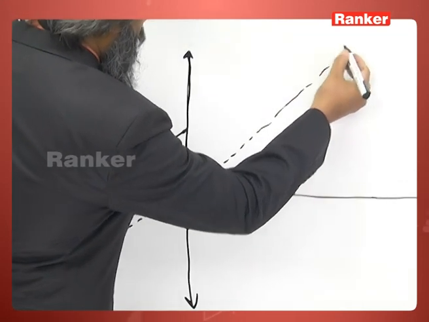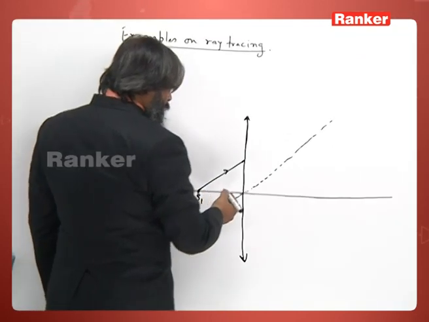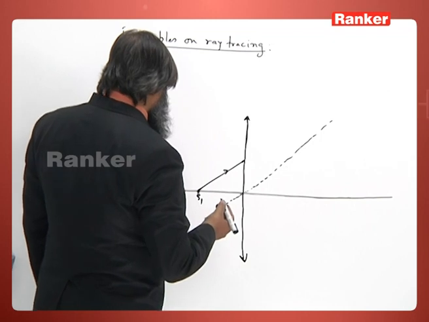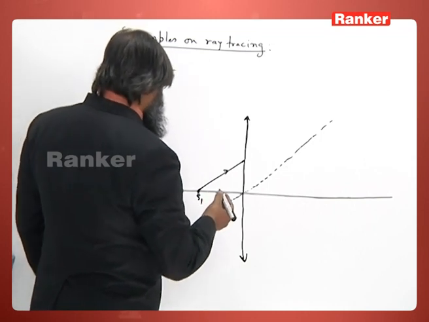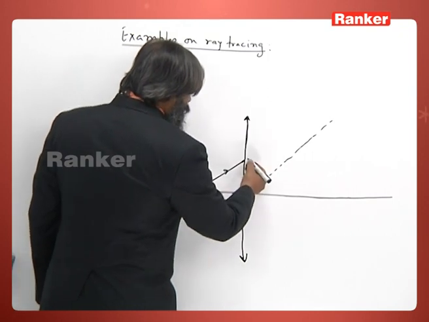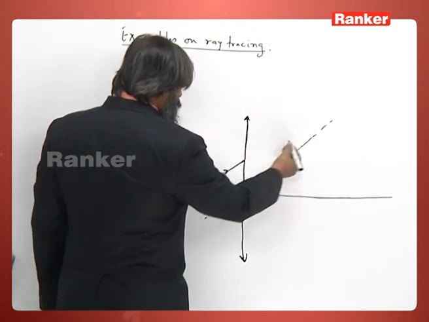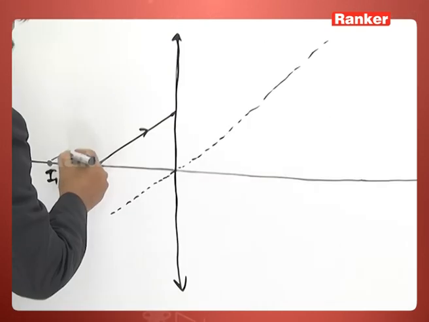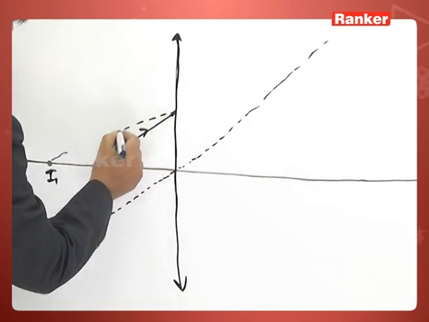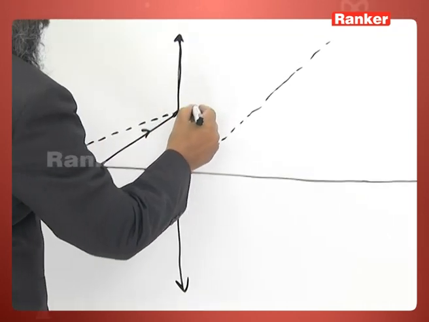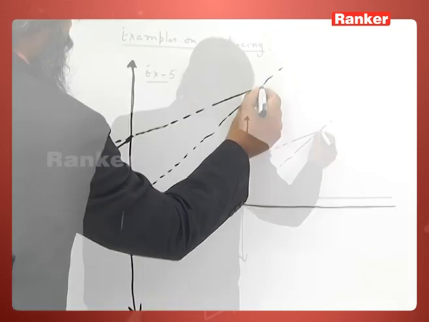So this ray goes undeviated, and this ray goes undeviated, and now you see this ray and this ray will meet to form the image. So join these 2 points. If I join these 2 points, then this ray goes like this.